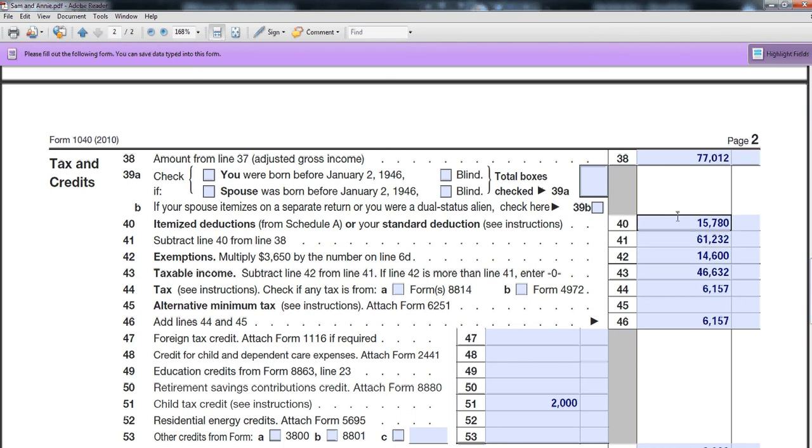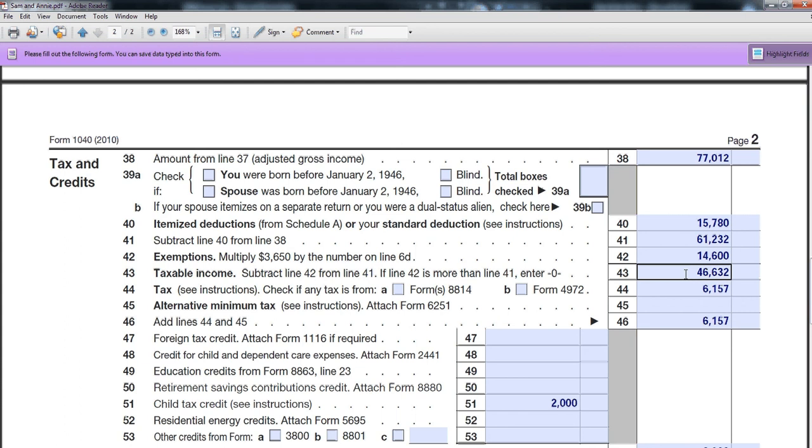And we're going to subtract that from the total amount of income, and that's going to equal your new taxable income. And then you're going to subtract your exemptions, which we pre-calculated, 4 times 3,650, and then that's going to equal your taxable income.